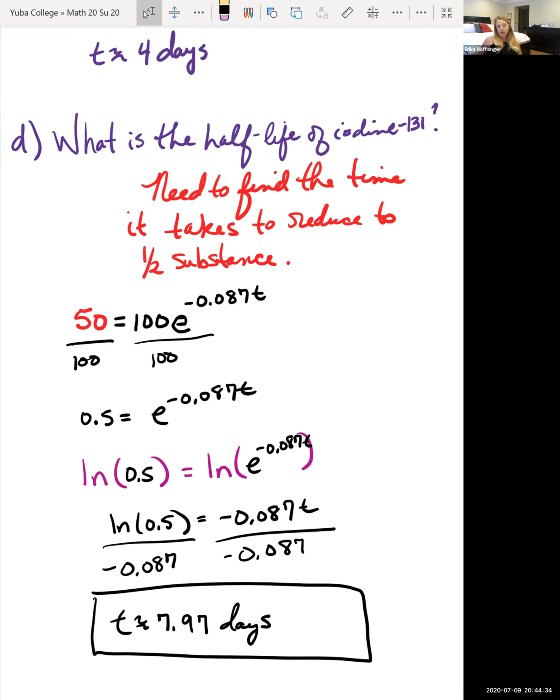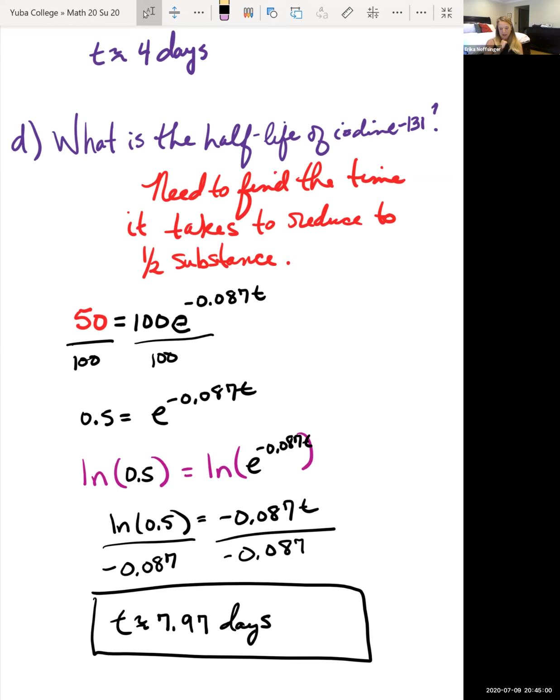So if you know that, how long do you think it would take to get down to 25 grams? Basically it's going to take another 7.97 days from this 50 to get down to half of that amount, which is 25.